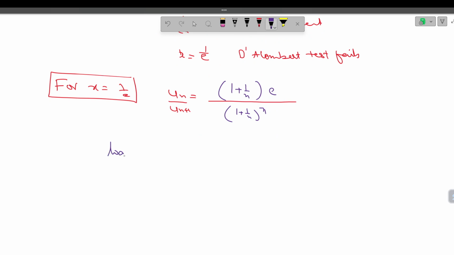Now applying log on both sides. Log un by un plus 1 equal to log of 1 plus 1 by n divided by 1 plus 1 by n whole to the power of n into e.